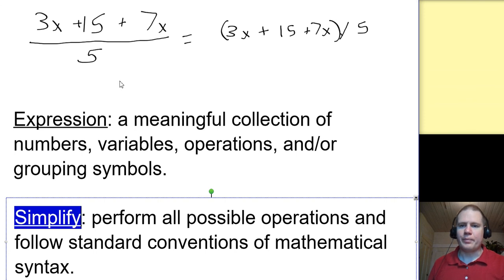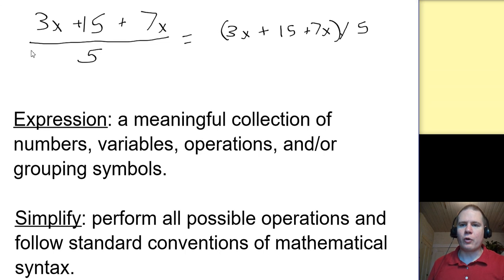All right. So how do we go about performing these operations? Well, 3 times x is the first operation I see. I can't perform that operation. I don't know how many 3's I'm adding together, or I don't know how big x is in order to find out how big 3 of those are. Right? But what I can do is recognize that 3x and 7x both have x's.